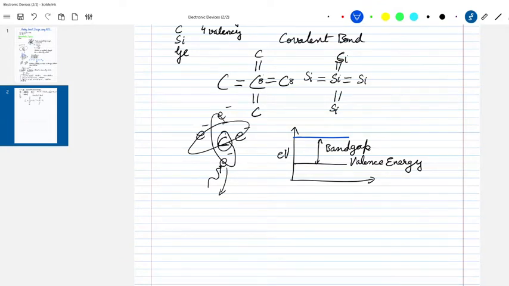When the distance becomes too high, the electron is no longer under the influence of its nucleus. So the minimum energy to extract the electron from its valence band is the energy band gap. And the minimum energy that the electron can possess and still be free is known as the conduction energy level.